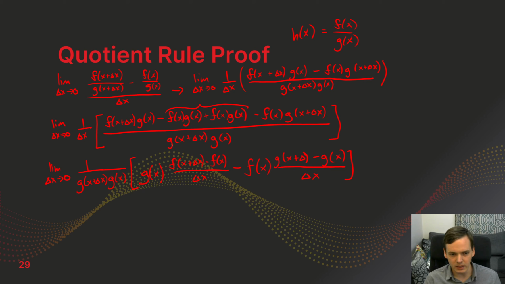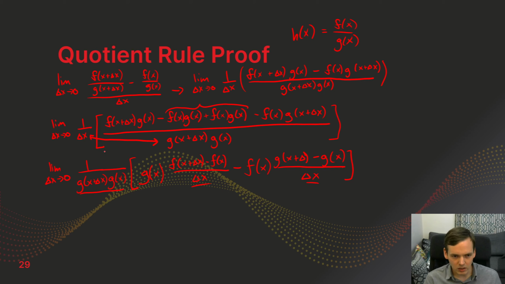But basically what I did is first I switched the delta x and the g of x plus delta x. That's why you can see inside the brackets, we've got these delta x's in the denominators, and outside the brackets, I've got this g of x times g of x plus delta x.